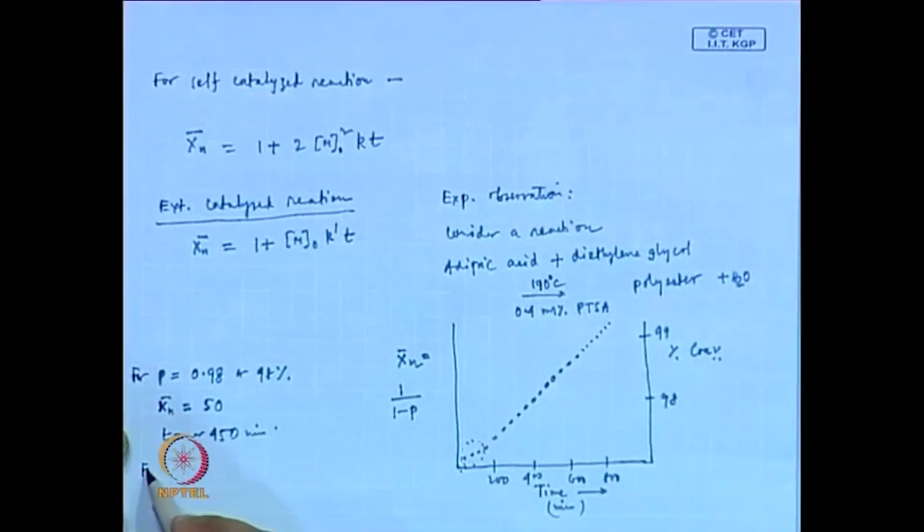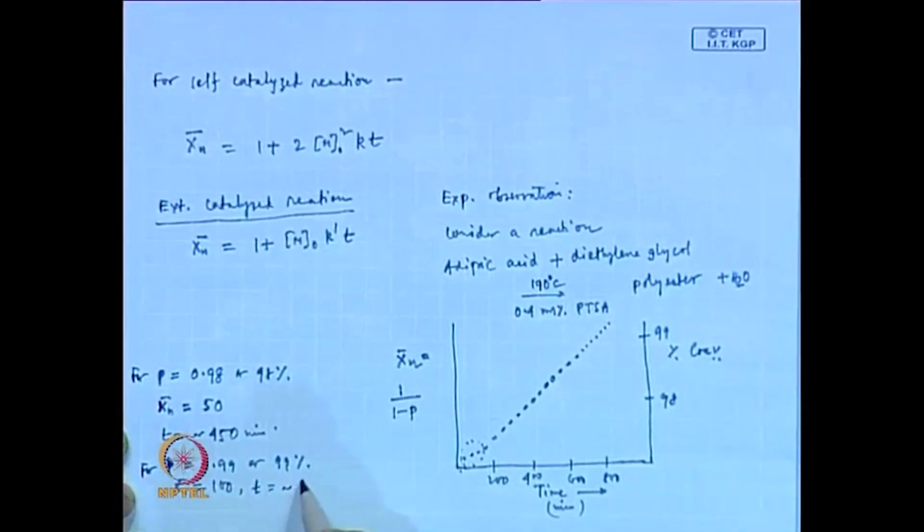Now, for P of 0.99 or 99%, Xn bar corresponds to 100 and T is almost 850.